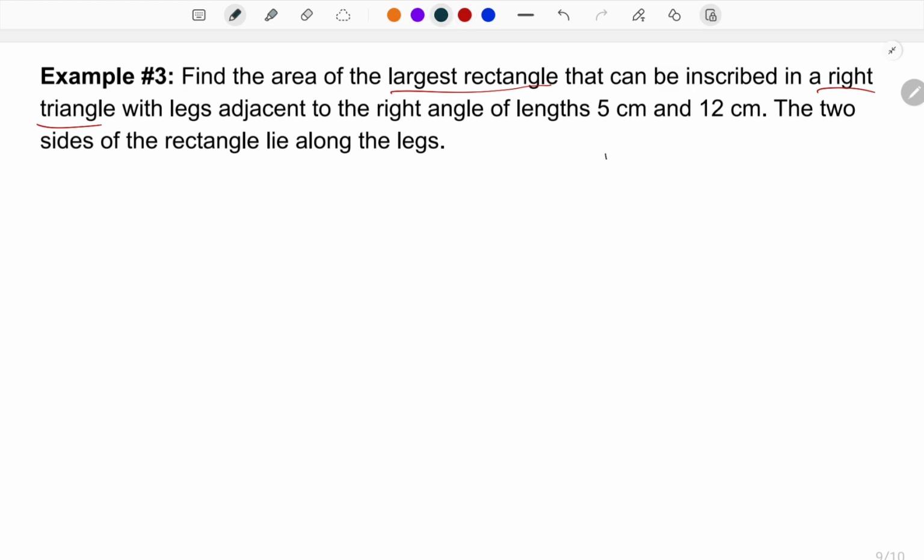So let's draw the right angle triangle. Here, I'll try this again. Draw it across like this. It's maybe not to scale, but we will try our best here. Let's say we have a bottom length 5, side length of 12.